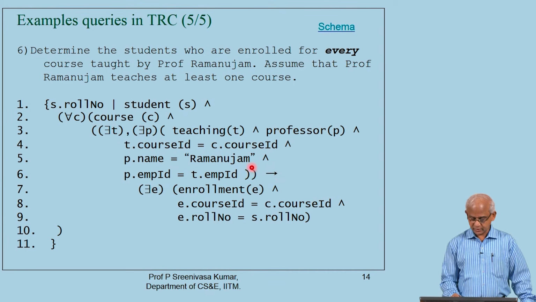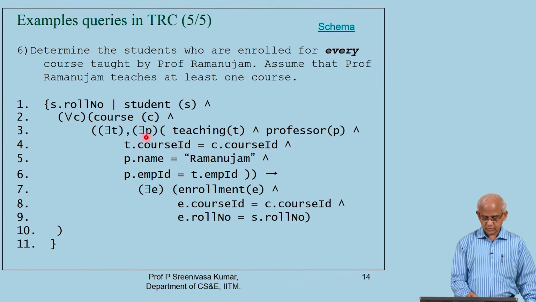On the left hand side we have one big expression starting from here and going all the way till here. Okay. And then on the right hand side we have another expression going from here to here. Okay. So, what is the query saying?